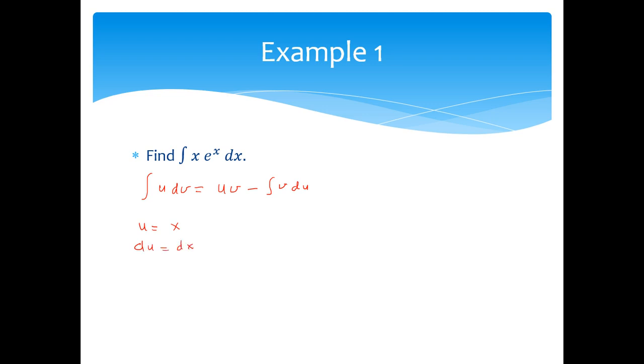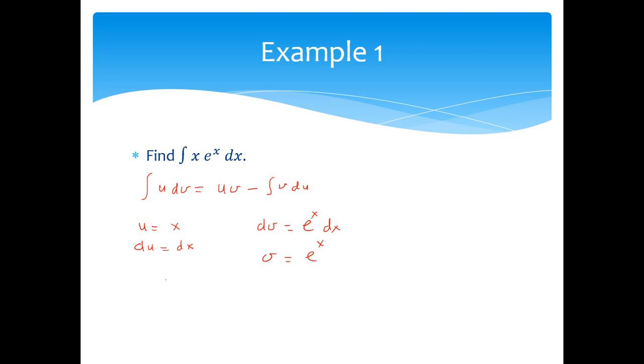Let's choose dv to be equal to e to the x dx, then v is equal to e to the x.